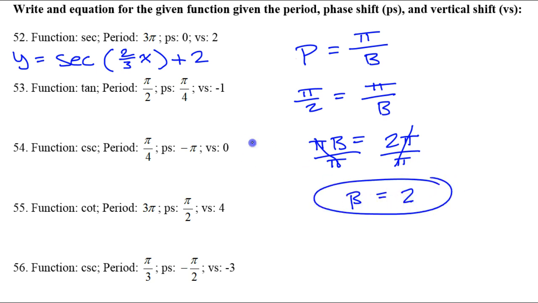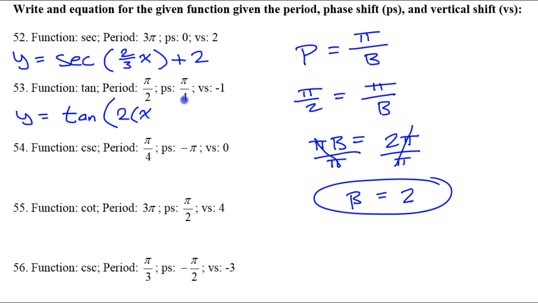If b is equal to 2, now I can write my equation. So I have y is equal to tangent. Now the b value is 2, so I'm going to go like this. But this time I have a phase shift, so I'm going to have parentheses inside of parentheses.